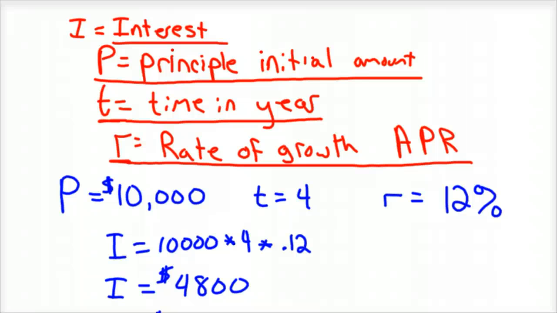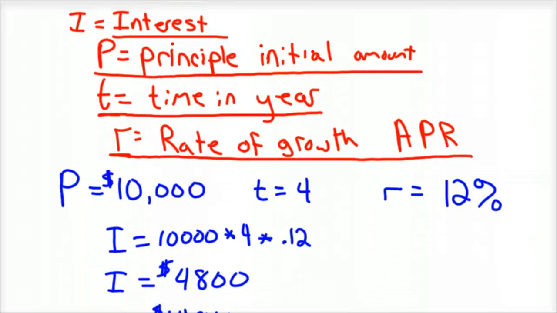All right, so let's say your grandma decides to give you some money. She says, I'm going to give you $10,000, but you can't touch it for 4 years. And I have it in this really nice investment that grows at a rate of 12% a year. Grandma's a smart lady.